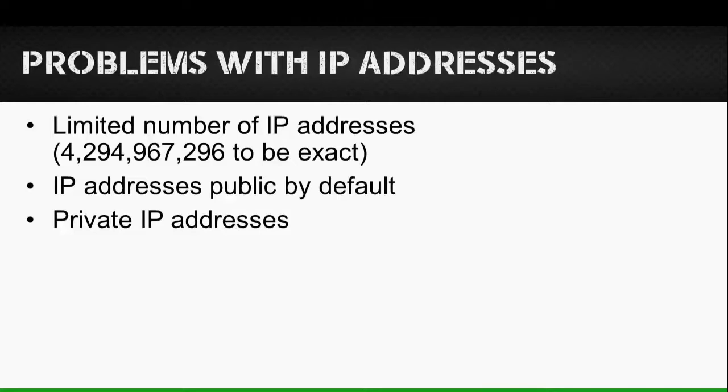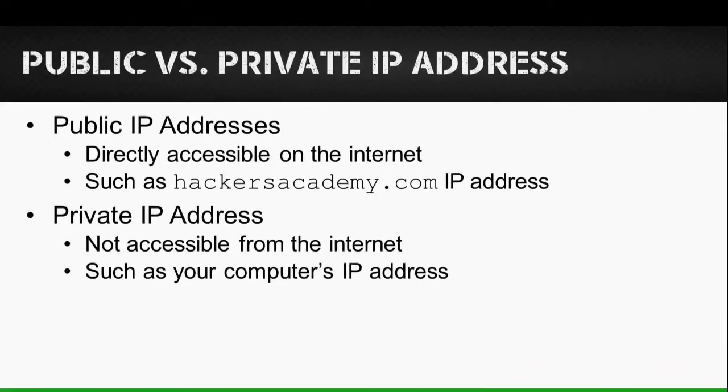And the other question is, what if we don't want our IP to be public? Google has a public IP address that we discovered together because Google wants everybody to be able to access their website. What if I have my computer on my home network and I don't want it to be publicly available to everybody to access? This is when we use IP addresses that are not made public, i.e. private IP addresses.